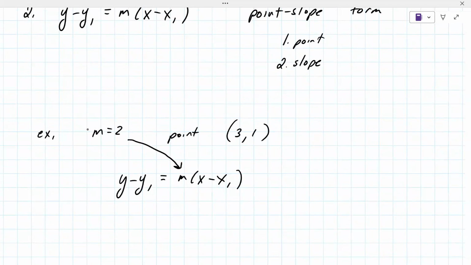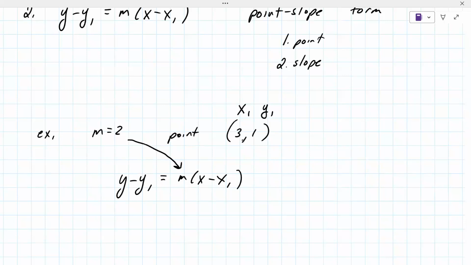Now the ordered pair, this is not x and y, it's x1 and y1. So it's maybe a little confusing because sometimes we use x1 and y1, sometimes we use x and y. For point slope form, it is x1 and y1.